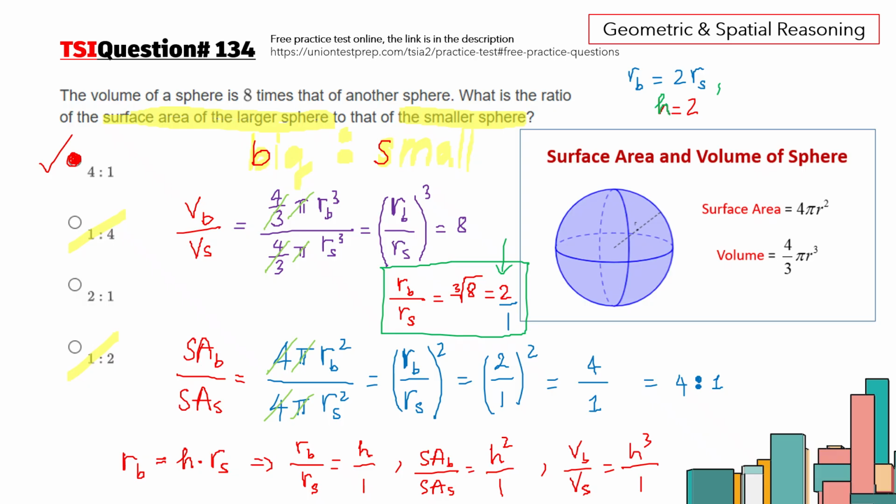That is h squared over 1, which is 2 squared over 1, so 4 over 1. Now the volume of the bigger one over the volume of the smaller one will be h cubed over 1, which is 2 cubed, which is 8.